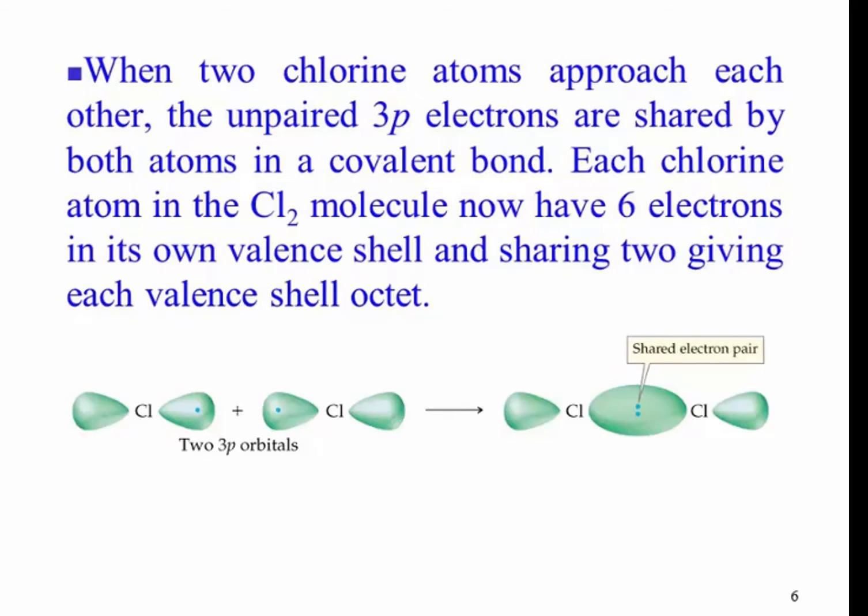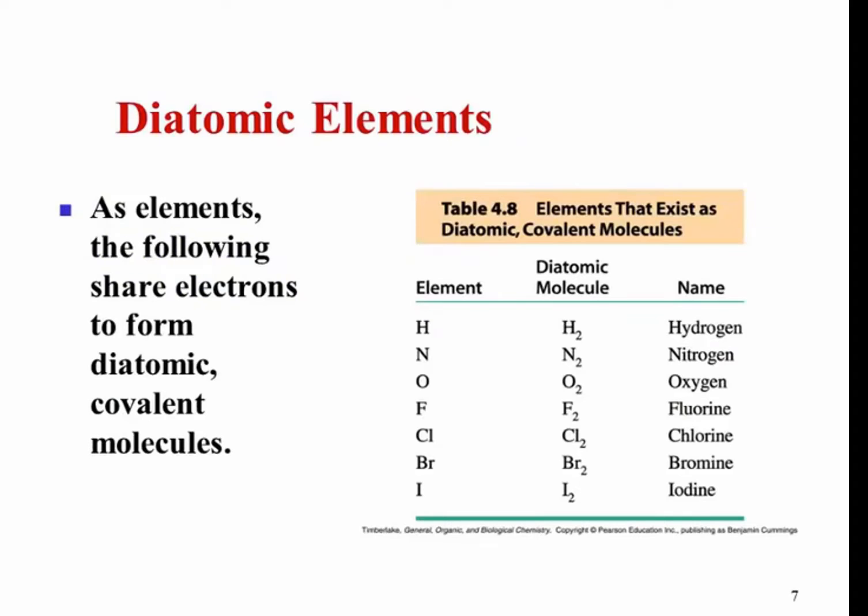Okay. So we explained why elemental hydrogen is always found in diatomic molecular form, H2. Cl2, we just explained.